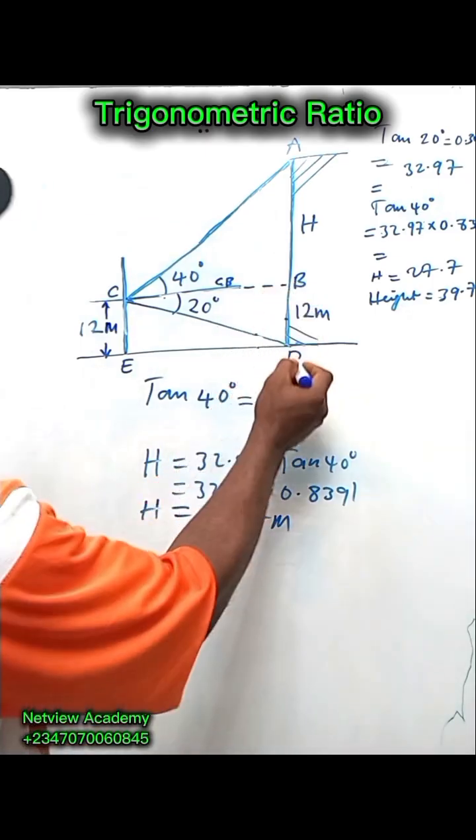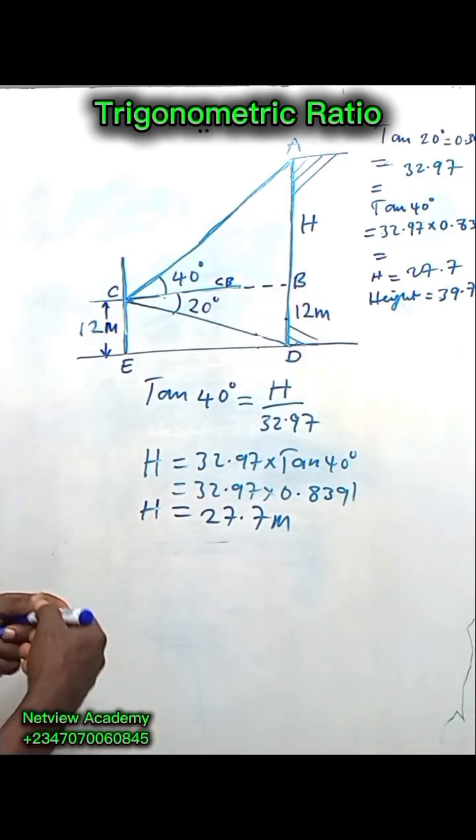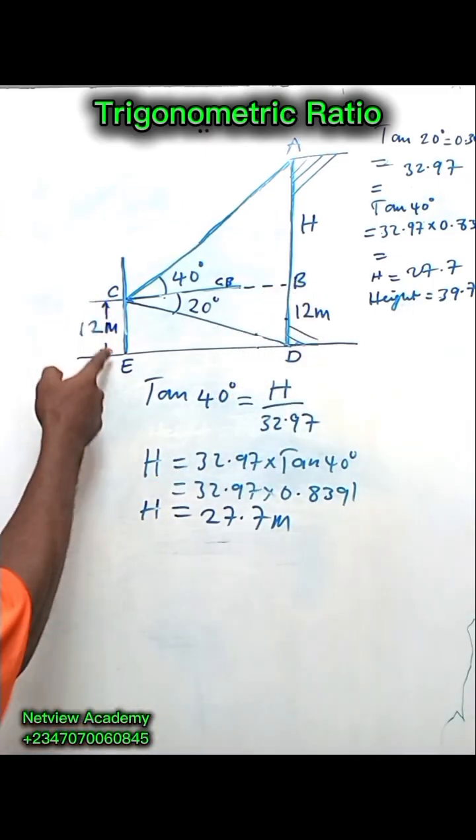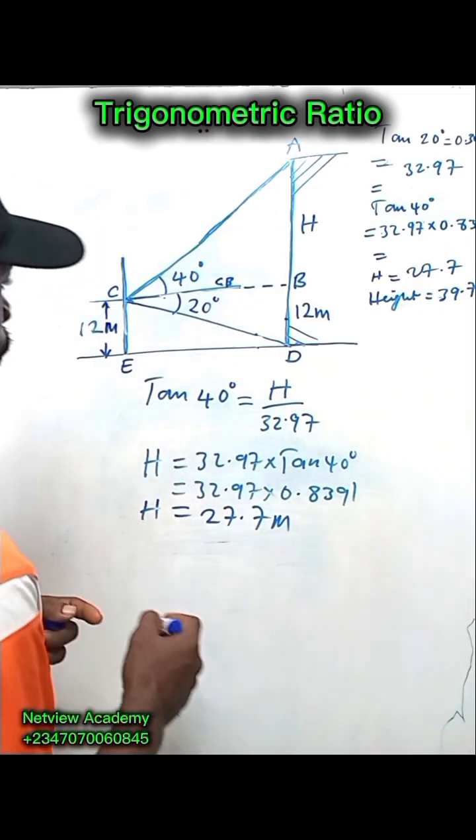So we have BD, which is the same thing as the distance of the window from the ground, equal to 12 meters.